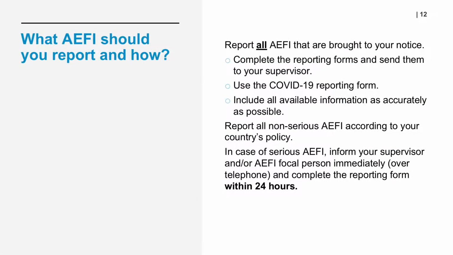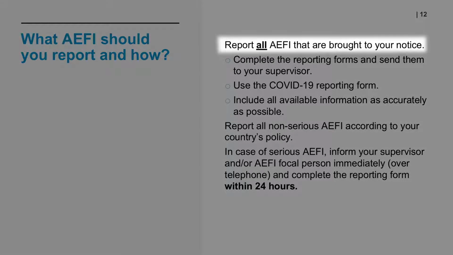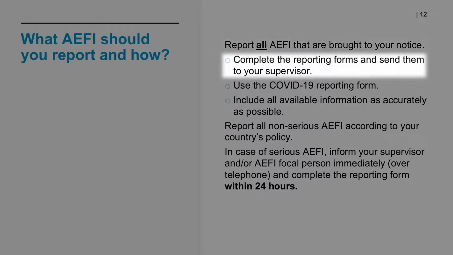So now let's see what AEFI should be reported and how these reports should take place. It's important to report all AEFI that are brought to the notice of the healthcare system. The first thing to do is to complete the AEFI reporting form as accurately as possible and send it to the supervisor.